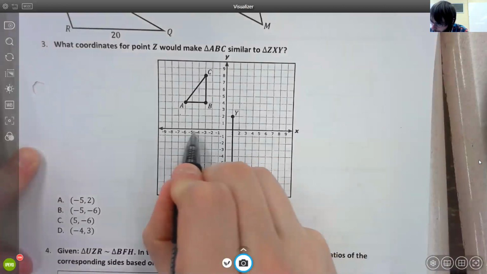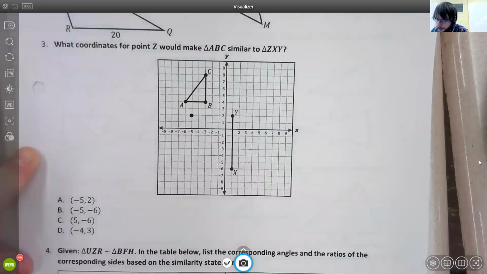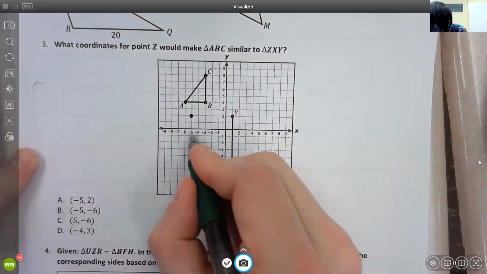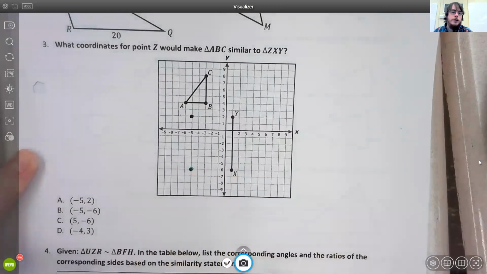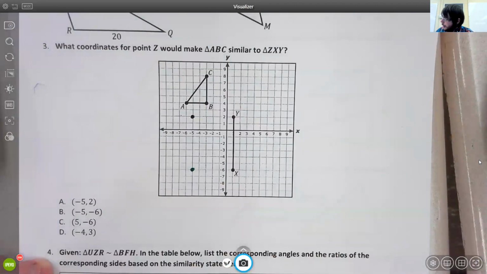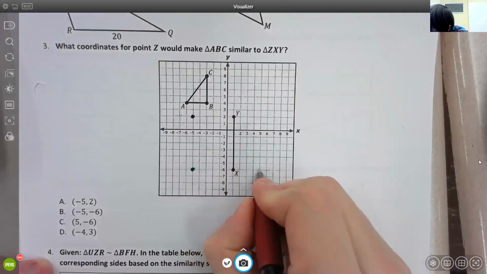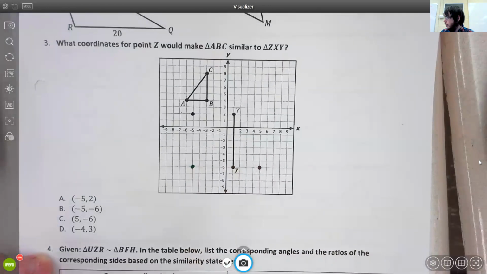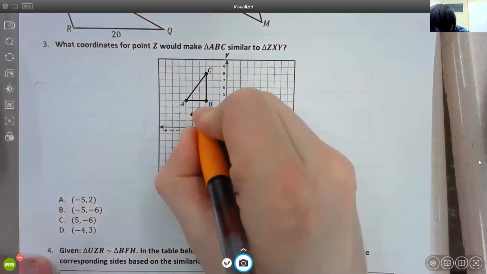So -5, 2. In green, we're going to put -5, -6. I don't know if you can tell the difference in that, honestly. In red or burgundy or whatever color this is, we're going to put 5, -6. And then in orange, we are going to put -4, 3.